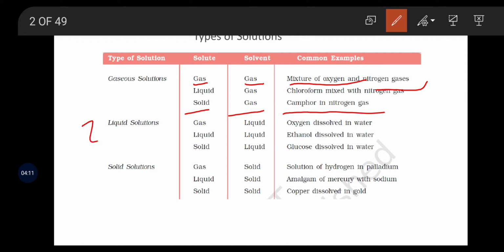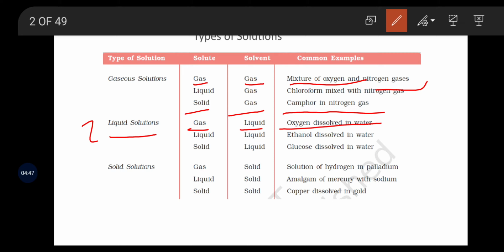Now the second type of solution is liquid solution. In this solution, the solvent is taken as liquid. Now, if gas dissolves in liquid, the type of solution will be gas in liquid. An example of this solution is oxygen dissolved in water.